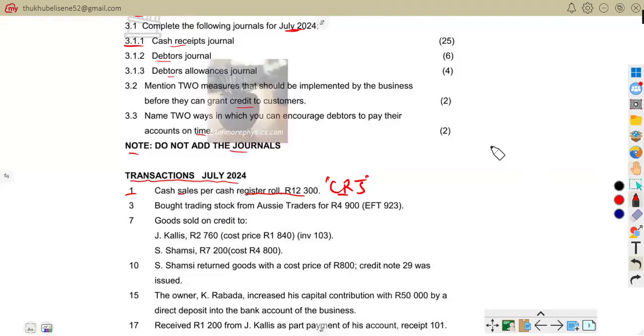So it is going to go to the bank column as 12,300, and to the sales column as 12,300.